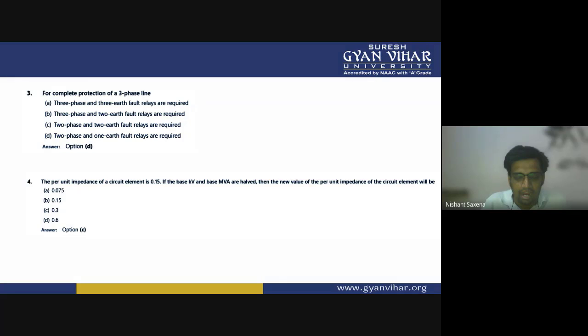The formula is already known to you for finding the new per unit values of the impedance, and based on that we can calculate it as 0.3 as the new per unit. You do the calculation, and later we will discuss it. First you try to solve it.